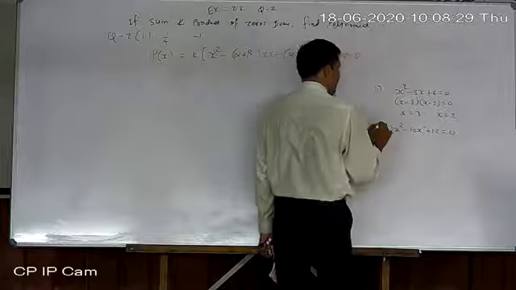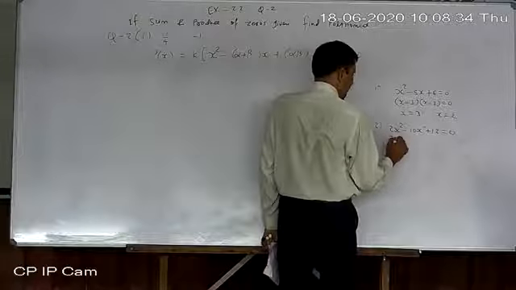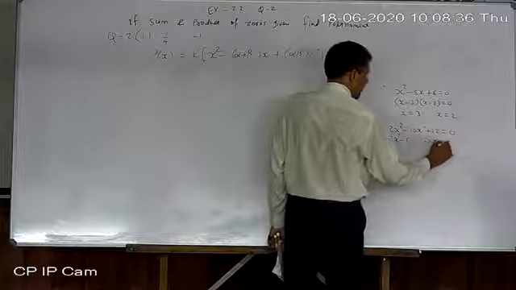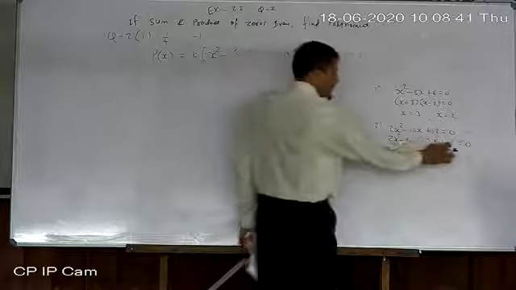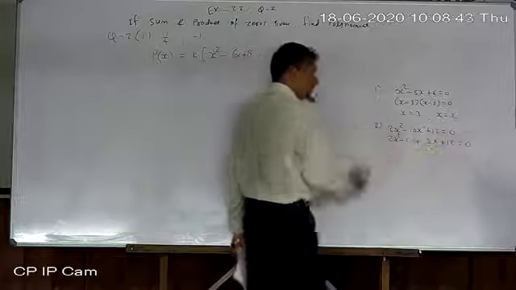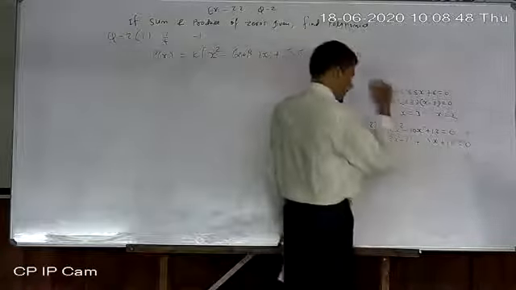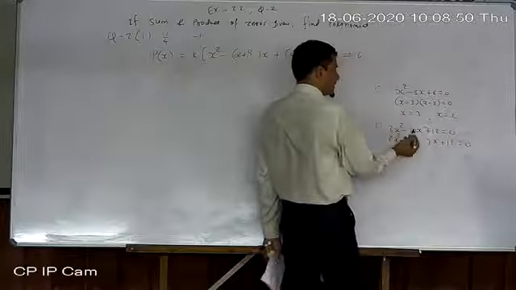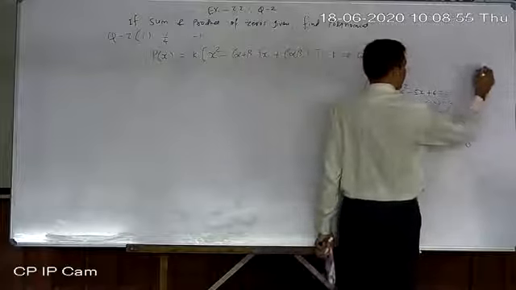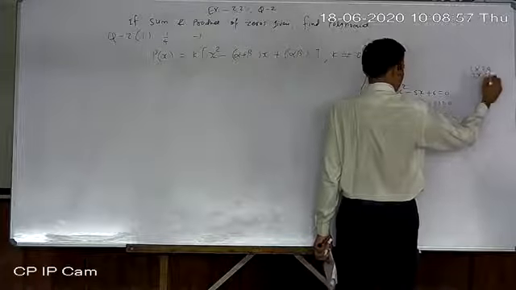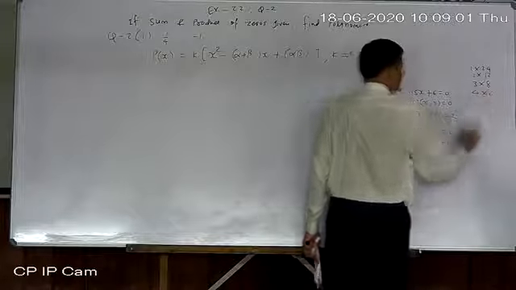Then what happens? Now we try according to our method. 2x square minus 10x plus 12 equal to 0. Now look here, 2 into 12 is 24. We need two factors of 24 such that the sum becomes 10. So I am writing factors of 24 here: 2 into 12, then 3 into 8, then 4 into 6.